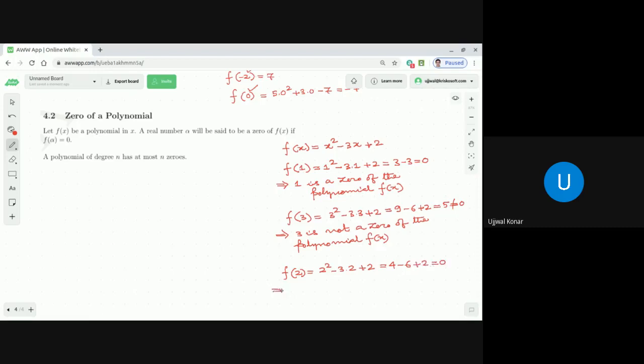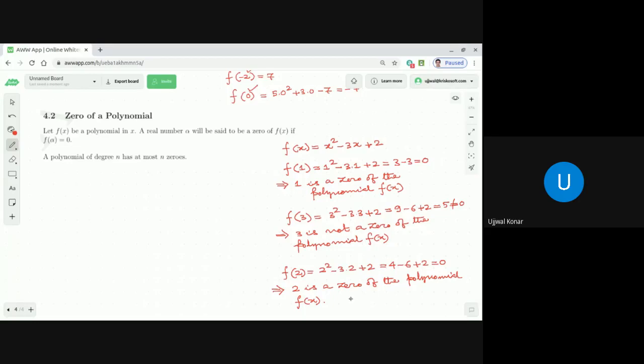So as f(2) equal to 0, we can say that 2 is a zero of the polynomial f(x).